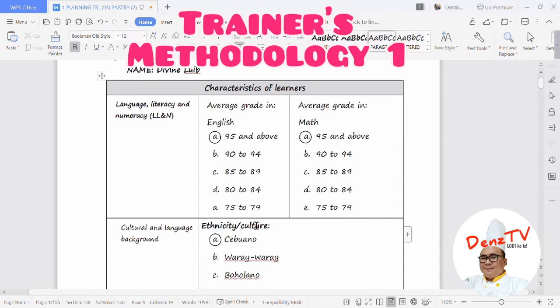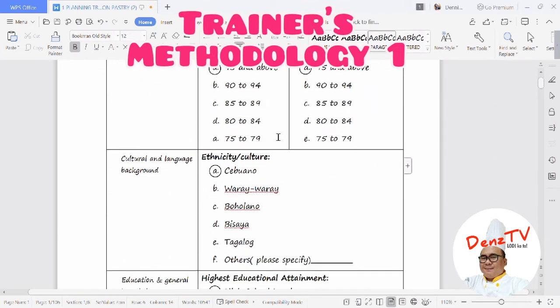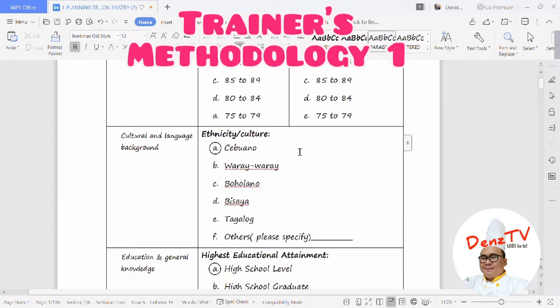You are the trainer, right? So it is important to note that one of the key features of CBT is that it is customized and personalized.